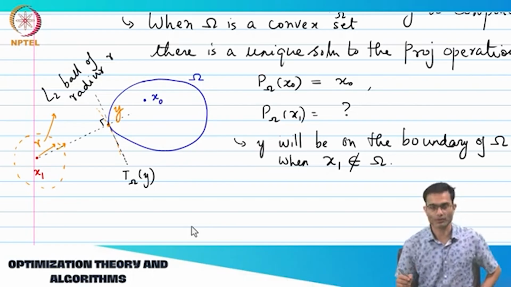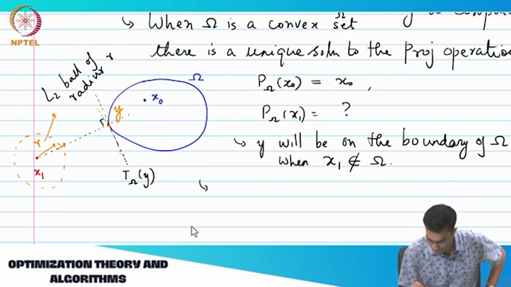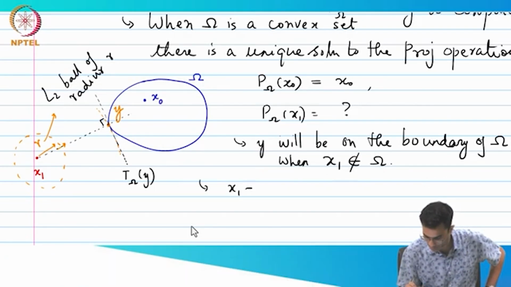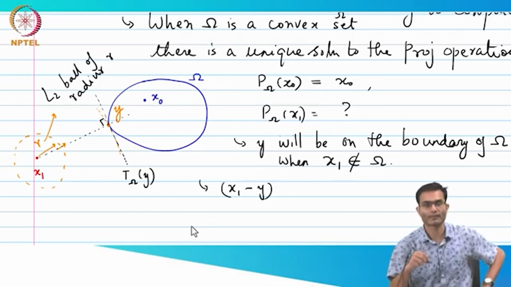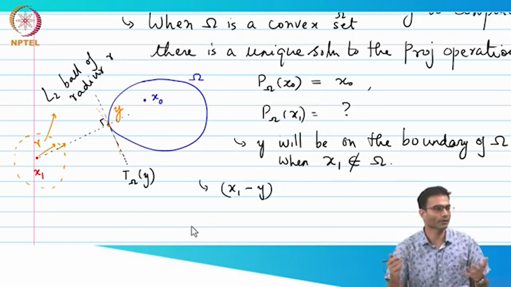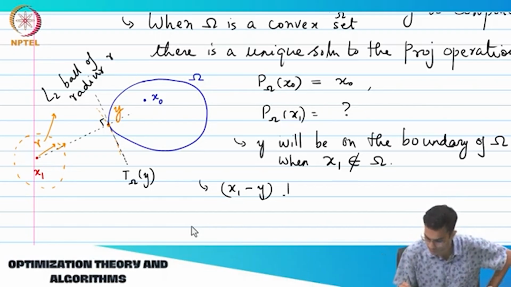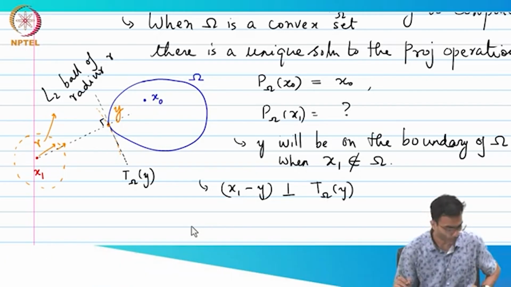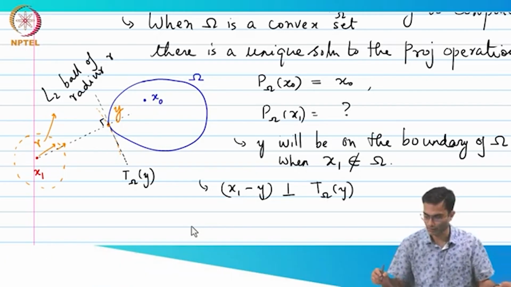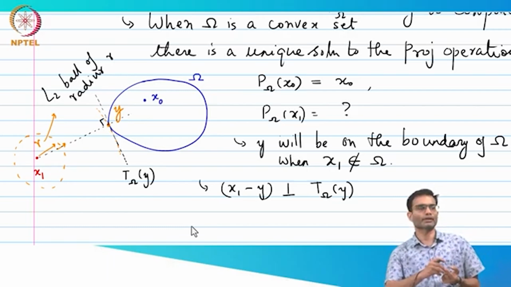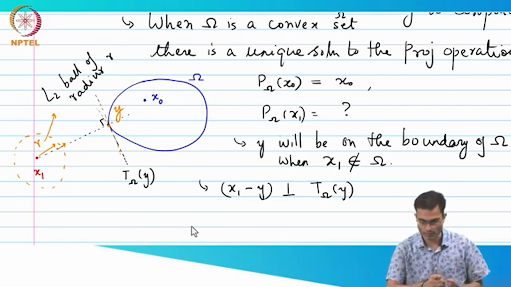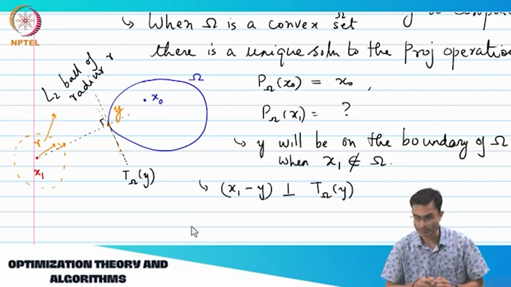And again I'm going to state this without proof that this vector x1 minus y should be in what relation to the tangent cone? Perpendicular. This is going to be perpendicular to the tangent cone of y. So these are just some simple intuitive properties of this projection operation.